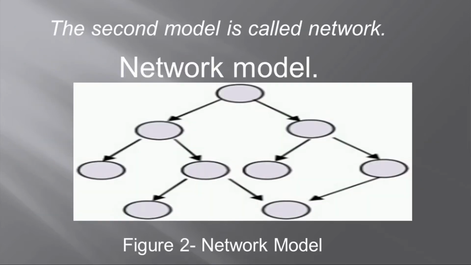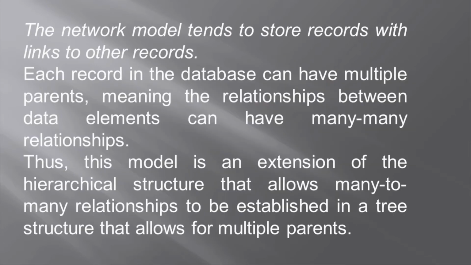In this picture, you can see the structure of the network model. The network model tends to store records with links to other records. Each record in the database can have multiple parents, meaning the relationships between data elements can have many relationships.